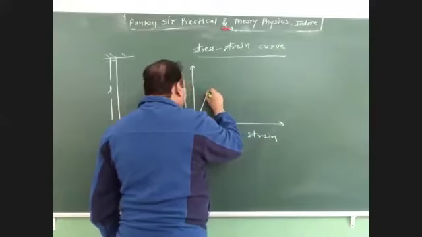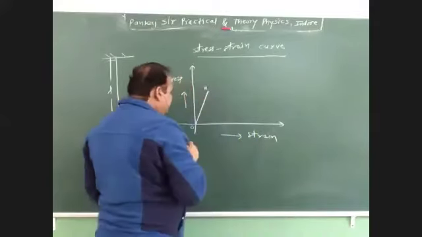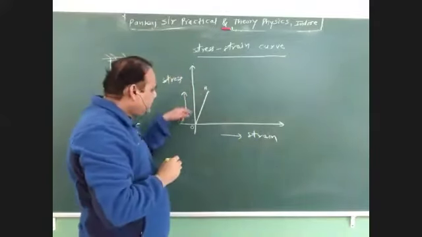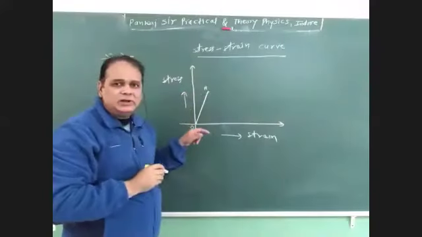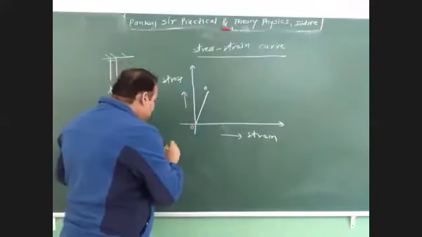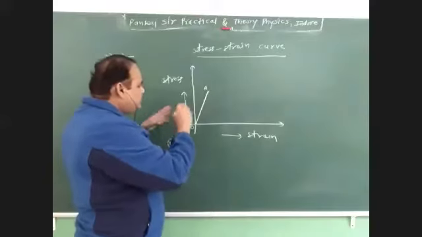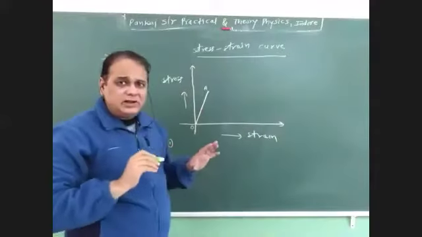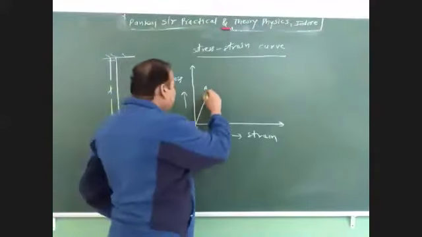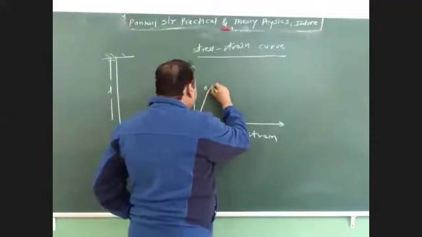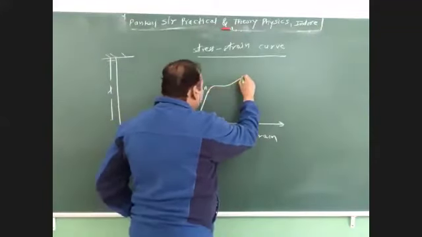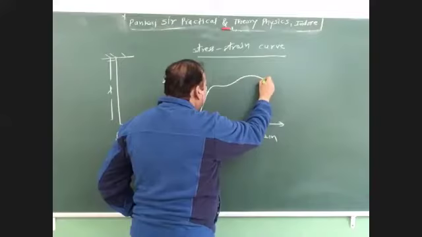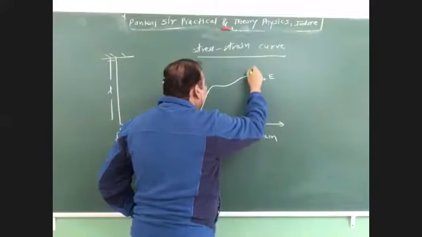This is suppose A point. Means from O to A, the graph is a straight line. When we have to discuss, we have to write like this. So actually first I complete the graph and then I'll discuss it. So this is like this. And then this is our breaking point, P, maximum point.